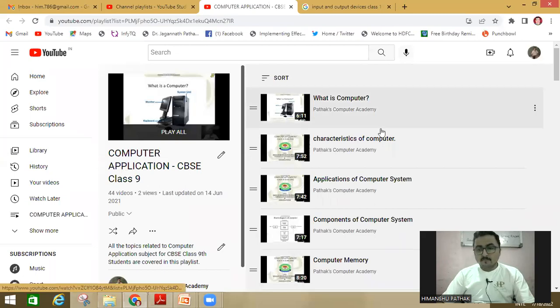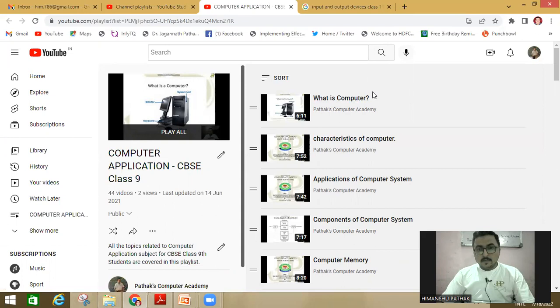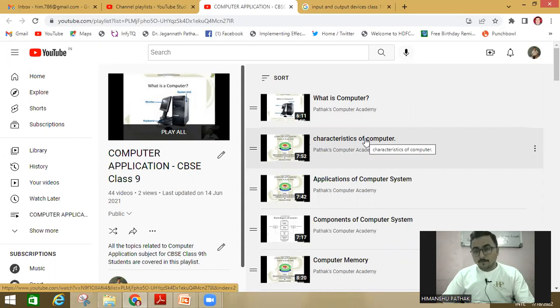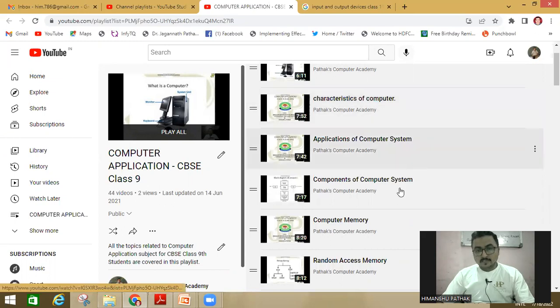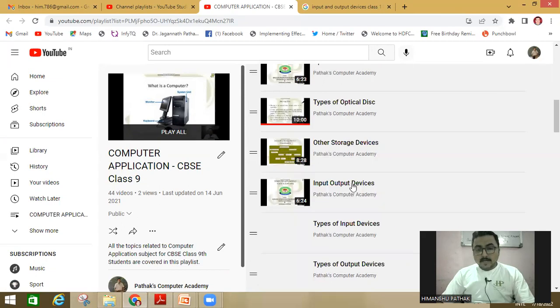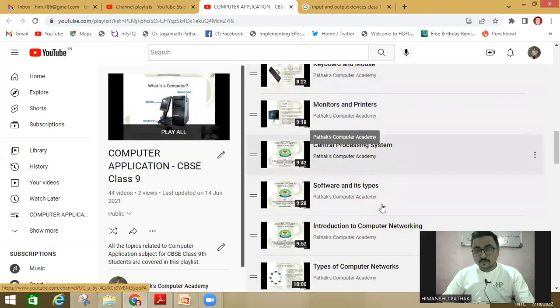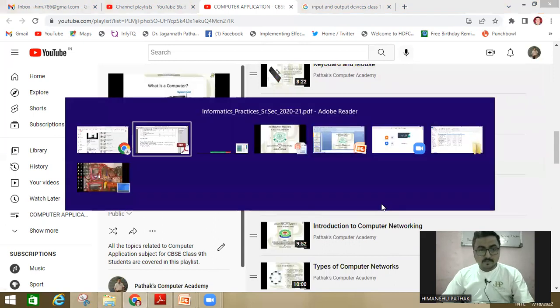Here, there are 44 small video lectures in which the initial ones are related to the introductory part of computer system. So here you can see application of computer system, components of computer system, what is computer memory, RAM, ROM, secondary memory, types of optical disk, input-output devices, output devices, central processing units, software, and here the same syllabus is there.